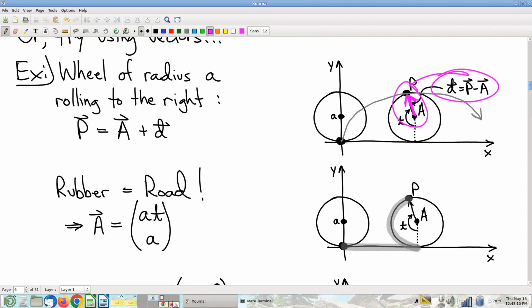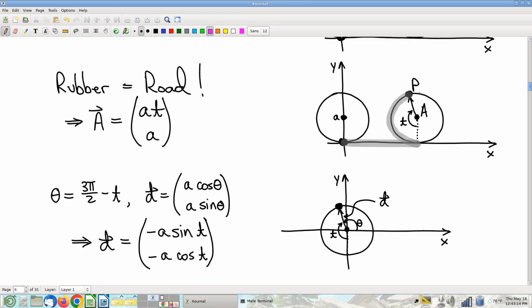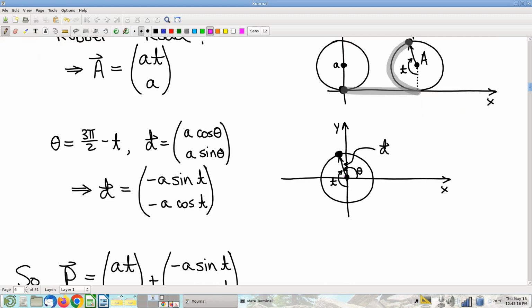So I can draw that vector wherever I want, and I'm going to find it more convenient to redraw it so that its tail is at the origin, because then as the wheel rotates, it just goes around in a circle centered at the origin, which is easy to describe.